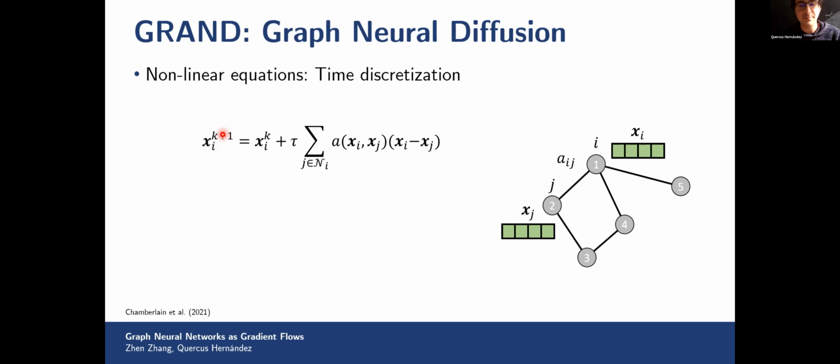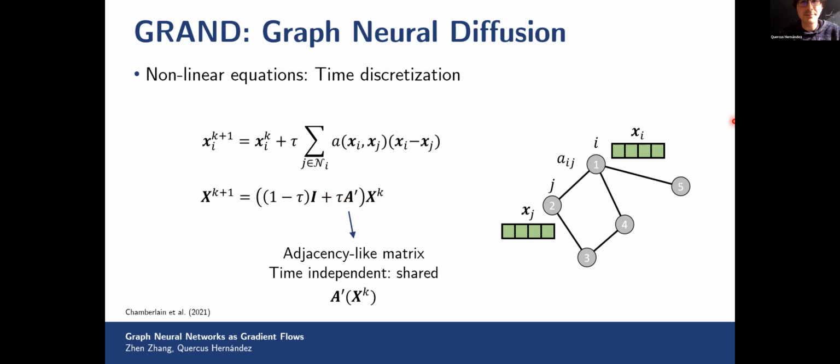Let's see the matrix form, which is a compact way of writing this equation. The features at the next time step are the identity matrix times one minus the step size, plus the step size times an adjacency-like matrix, which is the diffusion matrix.